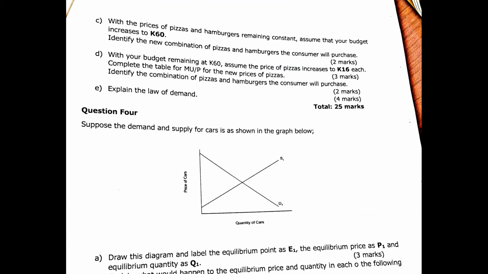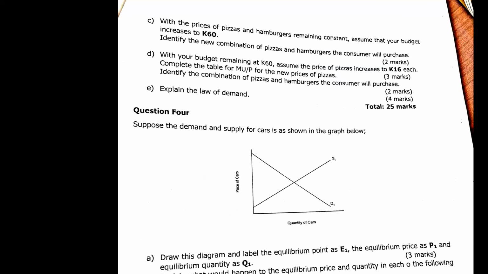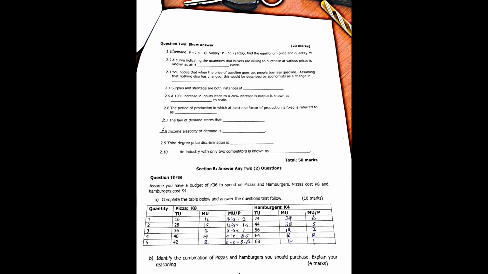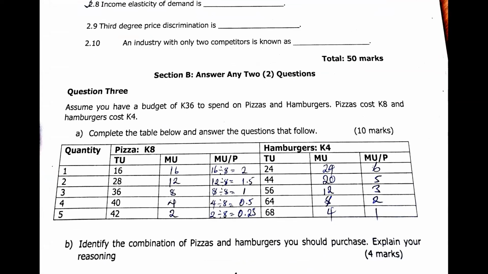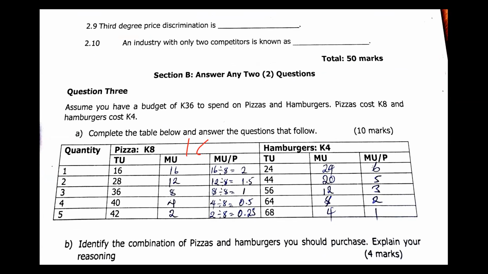So what does it mean? The budget is still 60, then the price for pizza has increased. It's no longer 8, it's now 16.